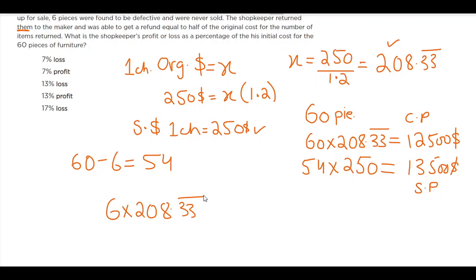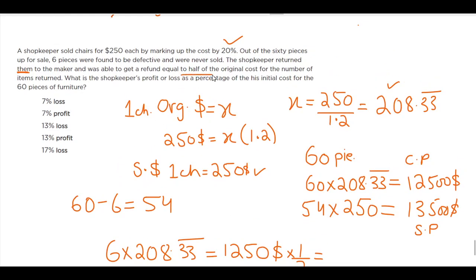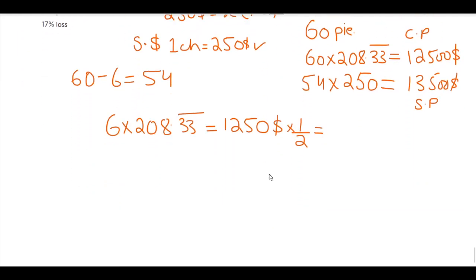Oh, thank God, it's again a very clean, neat number. It is 1250. However, only half of this is what he got as a refund, as it says a refund equal to half of the original cost. So I'm just going to divide it by 2, and this is the amount that he was able to get as a refund.